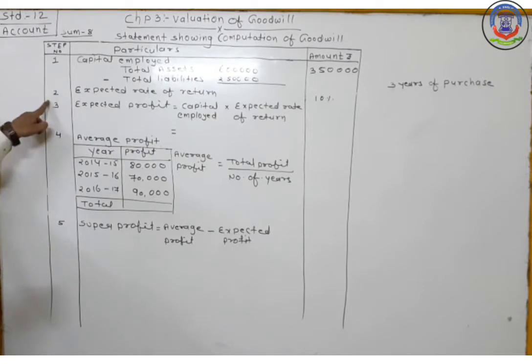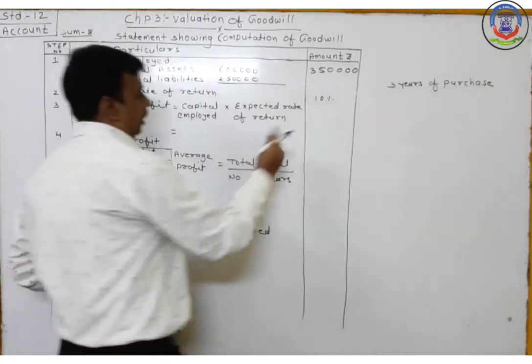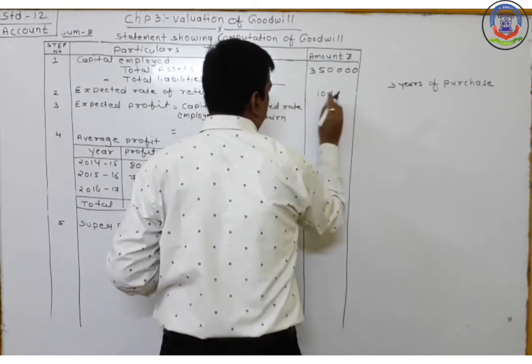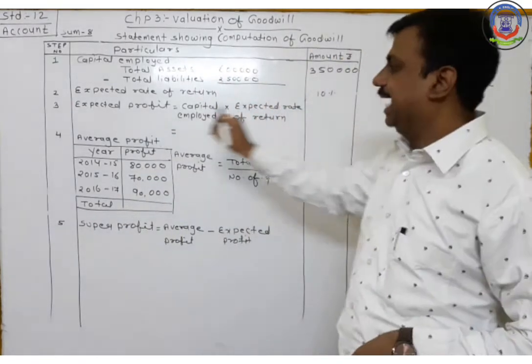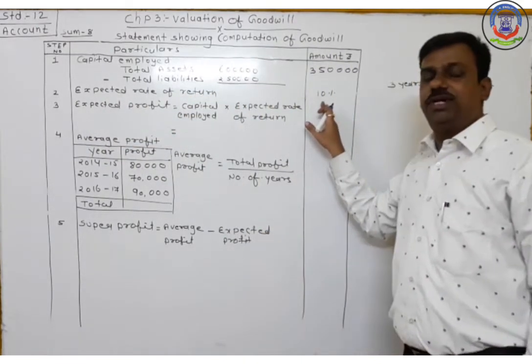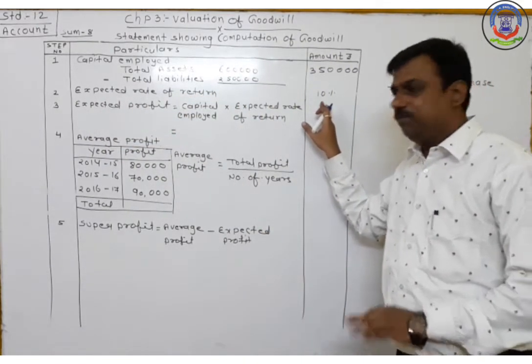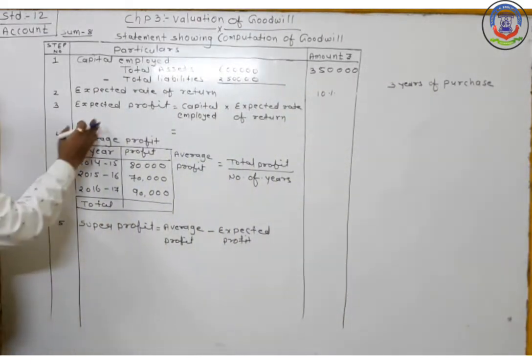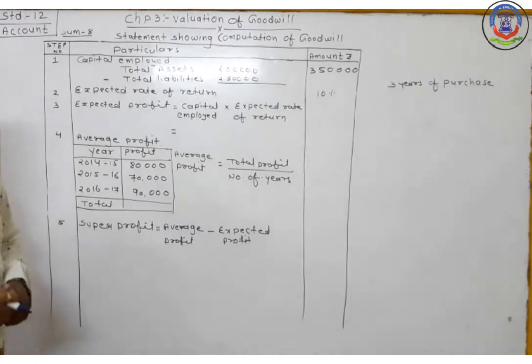Our next step is the expected rate of return. It is mentioned in the sum that the expected rate of return is 10%. Now the third step, step number 3: we have to find out expected profit.